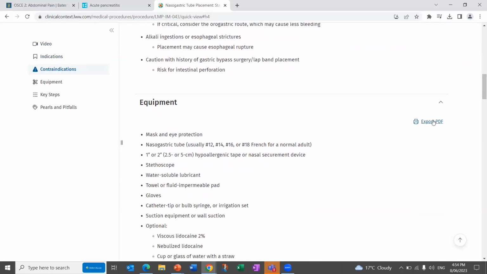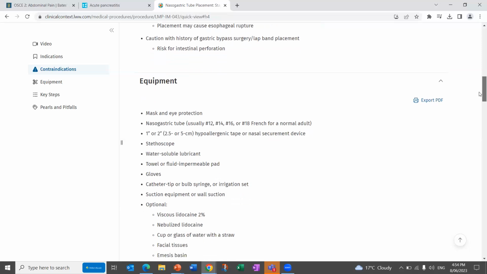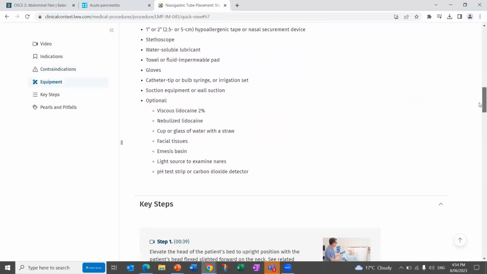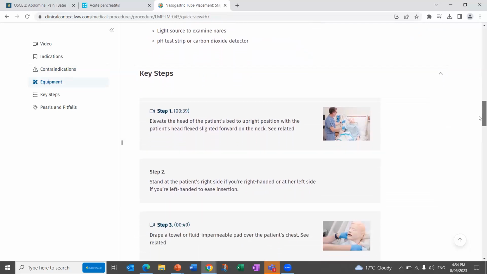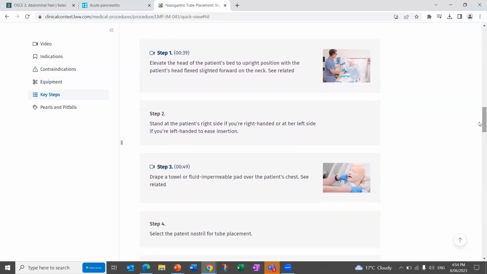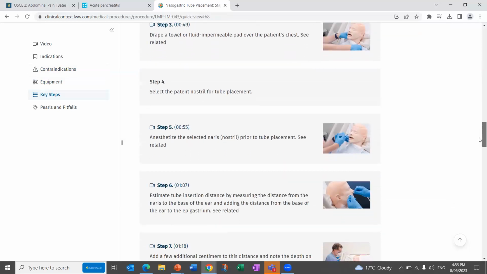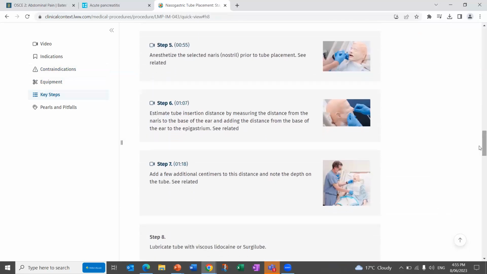So if we're using this as a preparation for a demonstration, we would be able to gather those individual pieces of equipment and content to be able to go through this process and demonstrate this individual procedure. We can look at the key steps and link into them. So we're able to see those individual sections of the process.